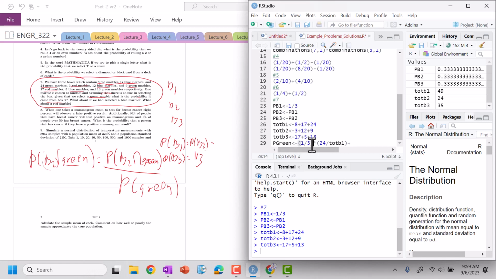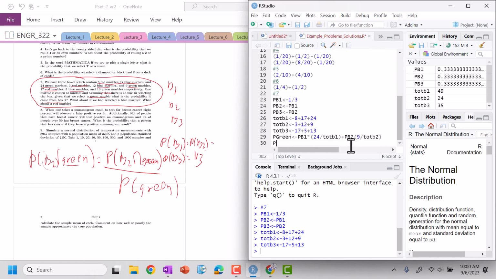So PB1 times that, plus PB2 times 9 divided by tote B2, plus PB3 times 13 divided by tote B3.